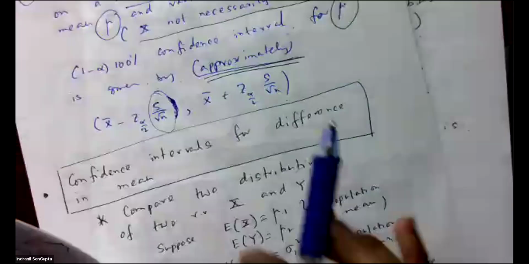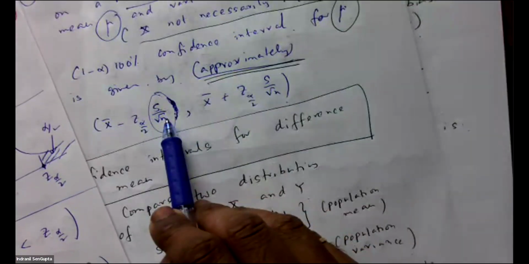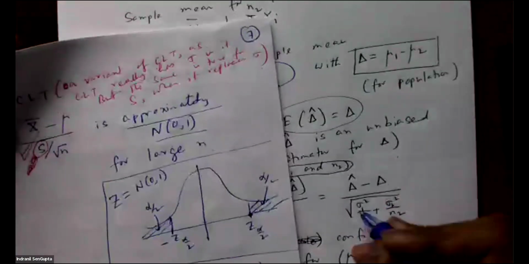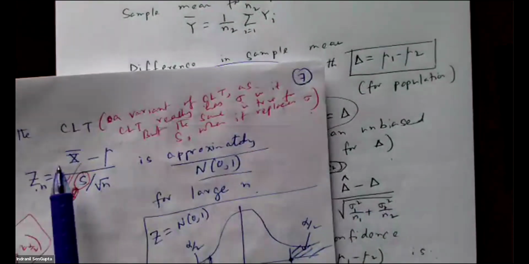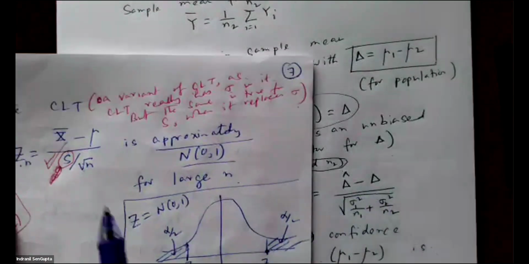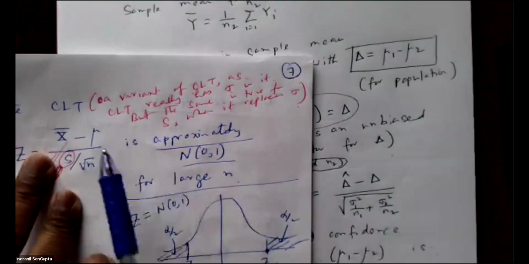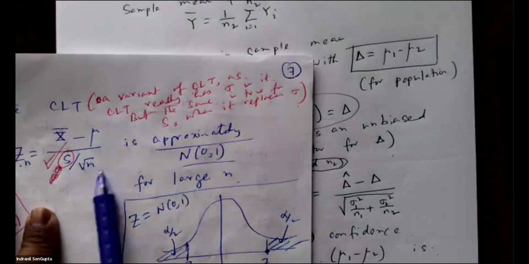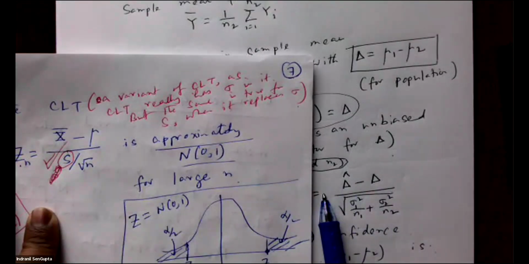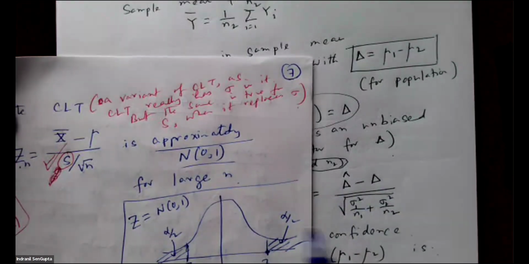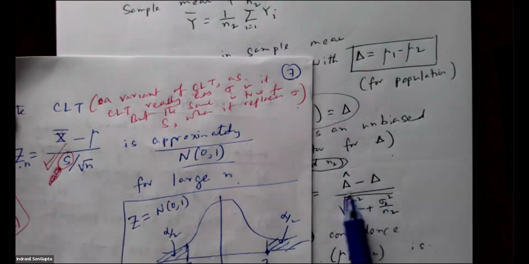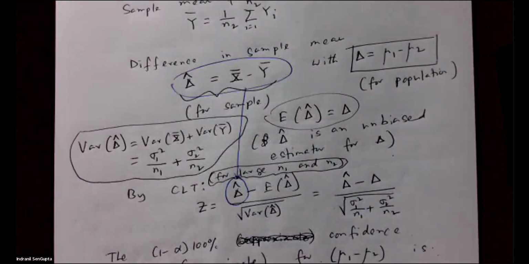And that s over square root of n is reflected here, right? If you compare that Zn with what we have here, this x bar is like delta hat, this mu is like delta, and then this quantity is like this one, right? So whenever you see that s over square root of n, that is replaced by what we have here.